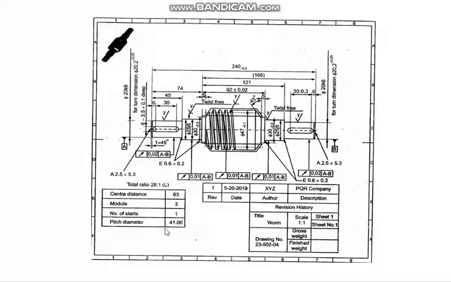Now the process engineer will look at it. He will see what the maximum diameter is. Here the maximum diameter you can see is 47, and the total length of this part is 240, and the tolerances are also given, minus 0.5, here minus 0.1.